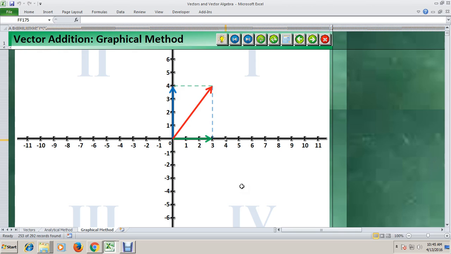Now recall the parallelogram method. The parallelogram method is that you need to draw the two vectors from a common vertex, such as the origin. You need to draw the corresponding projections of each vector on the tip of each of the opposite vectors. So the projection of the green vector here was drawn from the tip of the first vector.